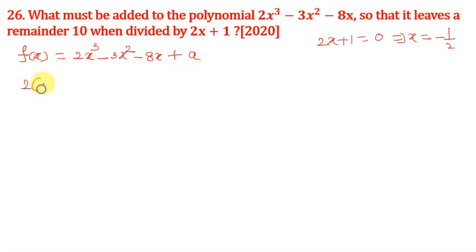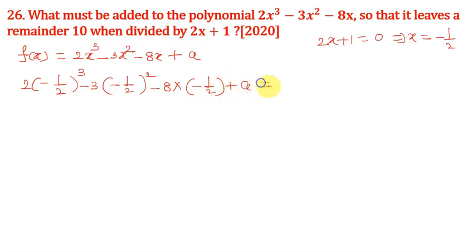Therefore 2 into minus 1 upon 2 whole cube minus 3 into minus 1 upon 2 square minus 8 into minus 1 upon 2 plus a is equal to 10. Next, simplification. 2 into this is minus 1 upon 8. Next is minus 3 into 1 upon 4.